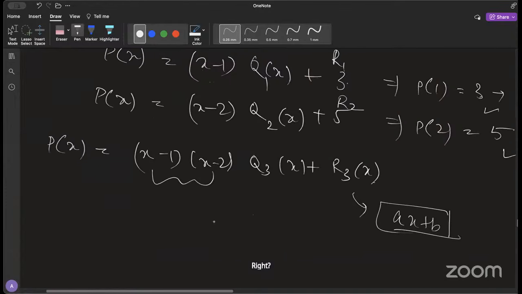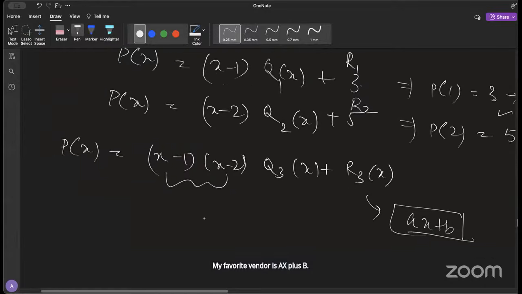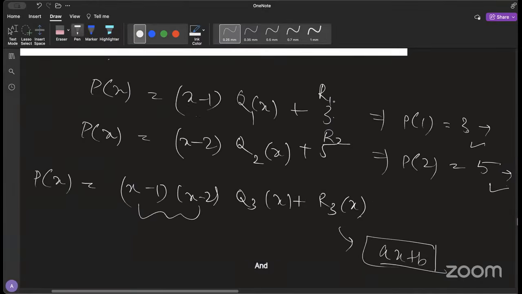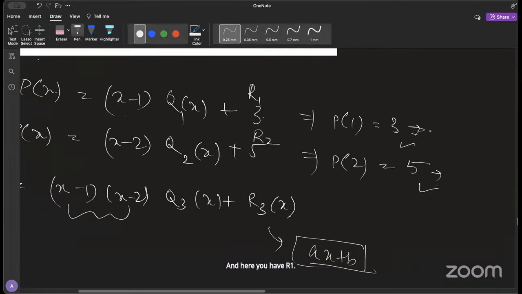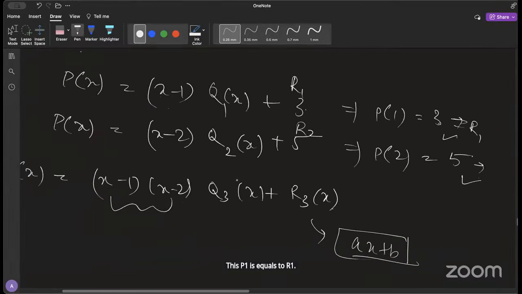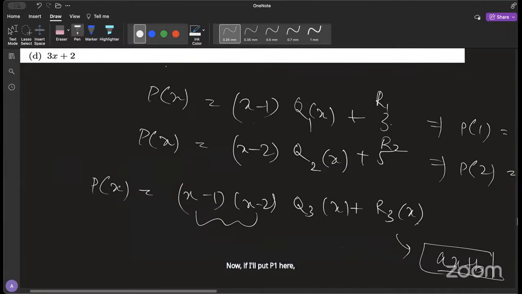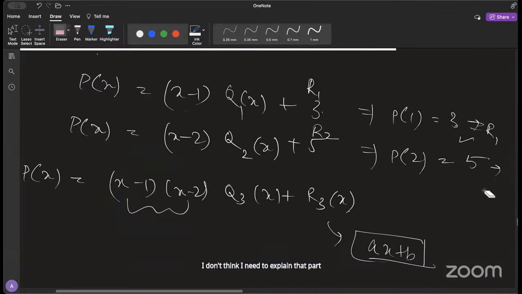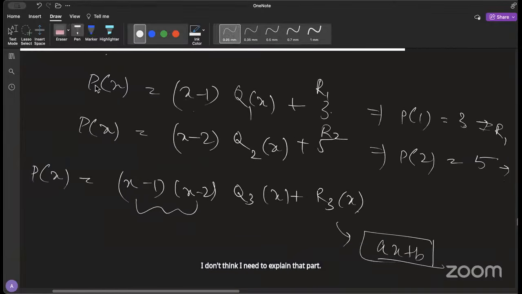Now if your remainder is ax plus b, and here you have R1, this P(1) is equal to R1. Now if I put P(1) here, if you look at these things, P(1) from here, okay, I don't think I need to explain that part. It was about this.